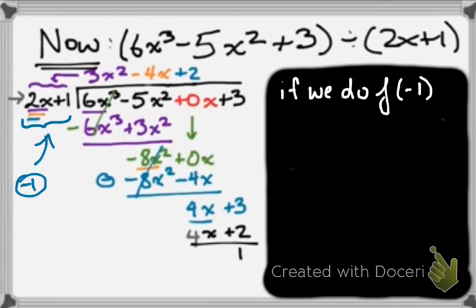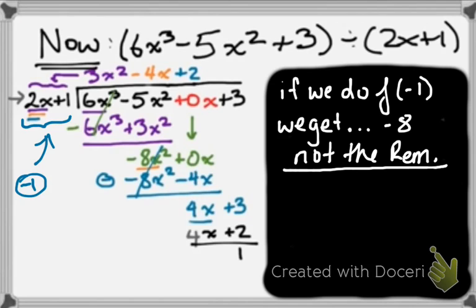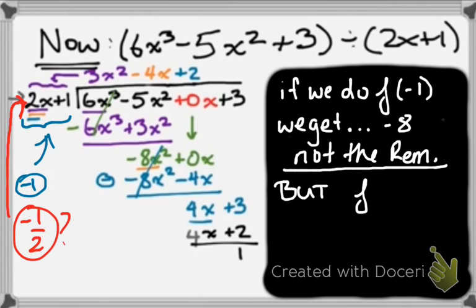So if I do f at negative 1, we get negative 8. And that's not the remainder. But maybe, just maybe, this 2 has something to do with it as well. So instead of plugging in negative 1, we can try to plug in negative 1 over 2 and see if that works.